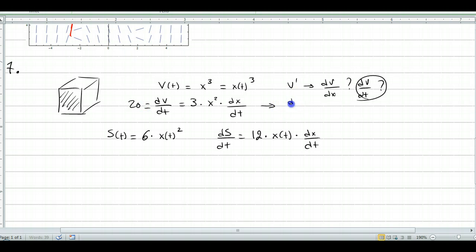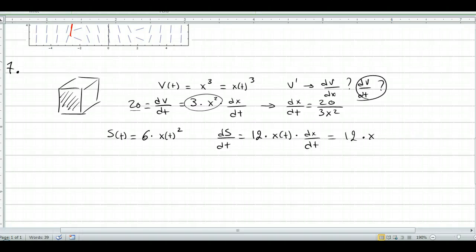So you get that dx dt is 20 divided by 3x squared, right? And that's it. So let me rewrite that. So I have 12 times x of t. Let me just write x, because I wrote the x right here. It's the same, x of t.